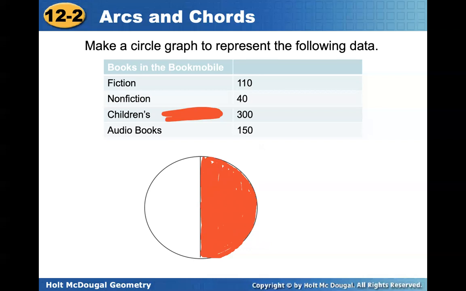Now, the next one is audiobooks, which is 25% or 90 degrees. So that one's, ooh, that was not good. I want the skinny one again. Actually, let's go a little bit fatter.